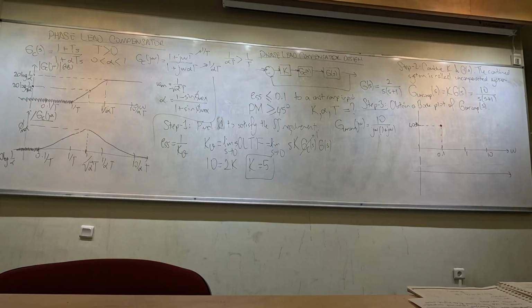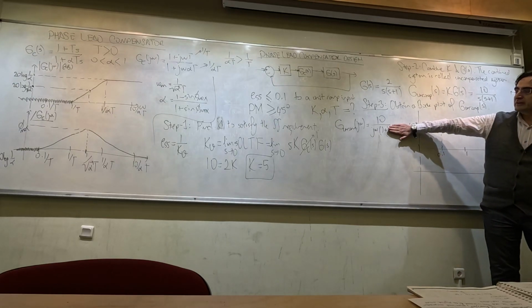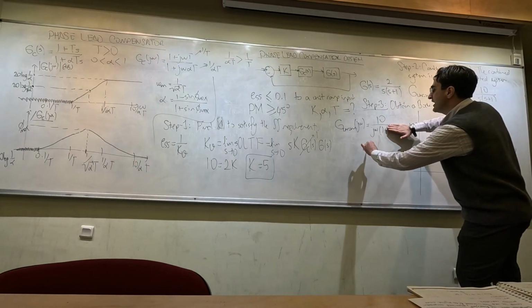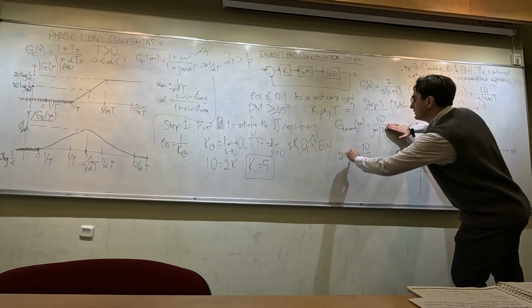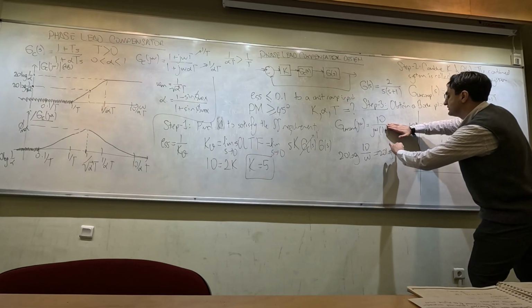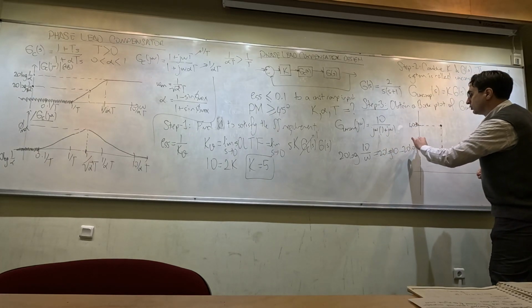What is going to be the slope for low frequencies? For low frequencies, this term is negligible, so I will have a transfer function like 10 over j omega, and the magnitude is 10 over omega. In dB scale, this is 20 log of 10 over omega, which is 20 log 10 minus 20 log omega.